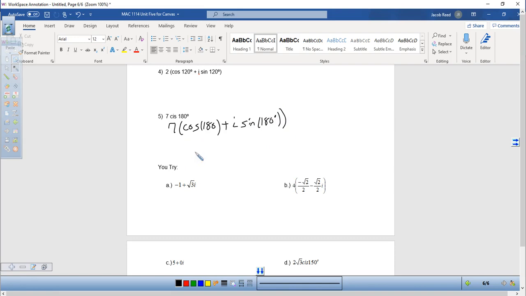What do I know about cosine of 180? I know it's negative 1. What do I know about sine of 180 degrees? I know it's 0. So I really get just the number negative 7.